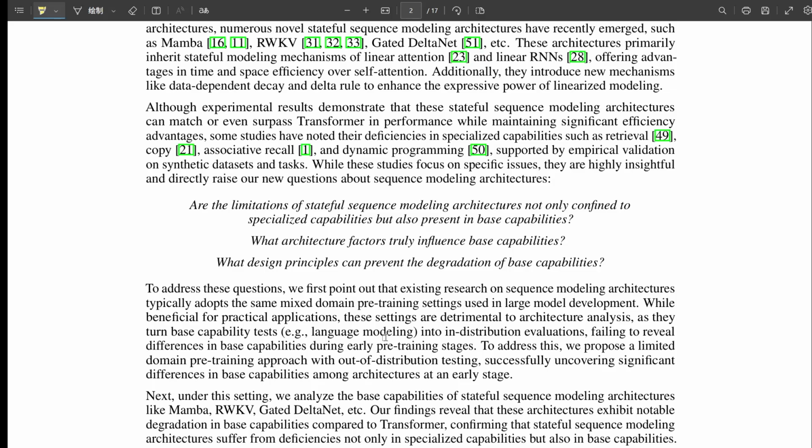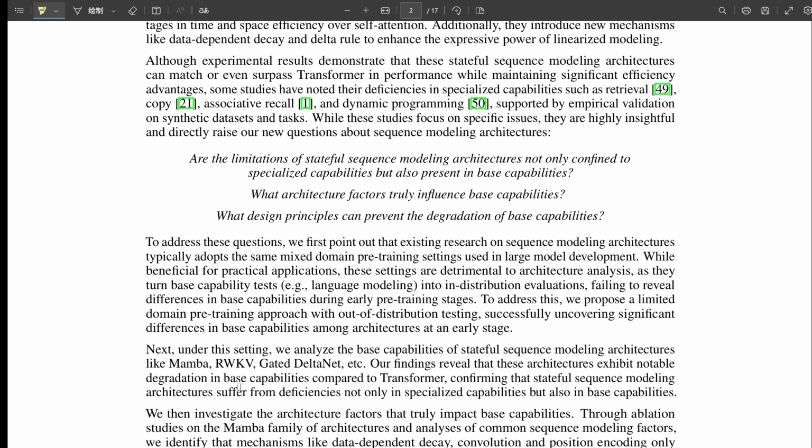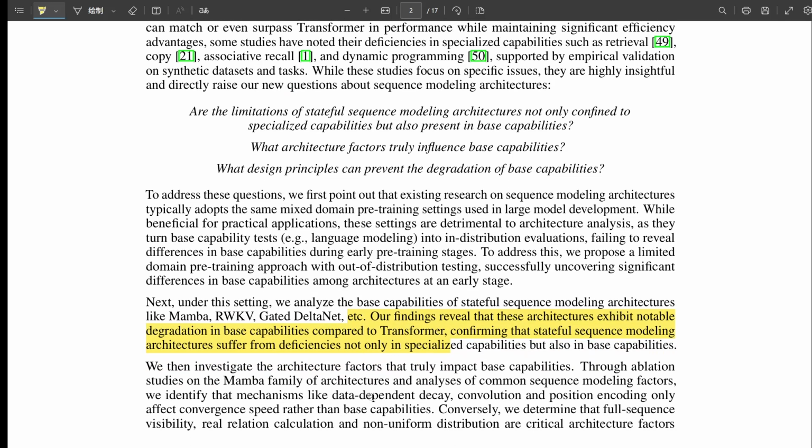And what was the key finding that emerged from using this framework, especially regarding those stateful models? Well, it basically confirmed the suspicion. The stateful architectures, Mamba, RWKV, DeltaNet, gated DeltaNet, showed significant degradation in their base capabilities when tested OOD compared to the transformer and transformer plus plus. So the limitations weren't just on those niche tasks. Nope, this is a really key academic insight from their evaluation method.